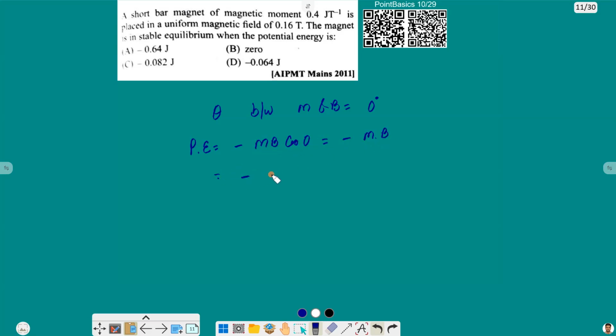The value of B is 16 into 10 raised to power minus 2, and m is 4 into 10 raised to power minus 1. So it will be negative 64 into 10 raised to power minus 3, which is minus 0.064 joule potential energy. So option D will be the right answer here.